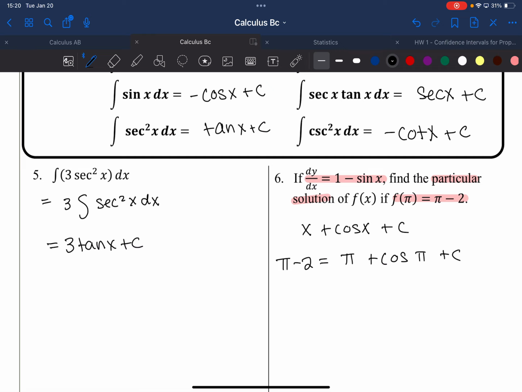The key's wrong. Okay, so pi minus 2 is equal to pi, and then cosine of pi, you guys are saying -1, so plus -1 plus c.